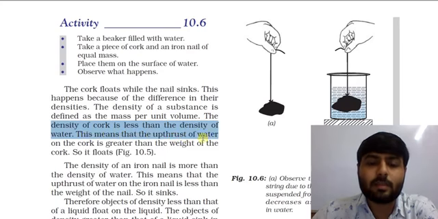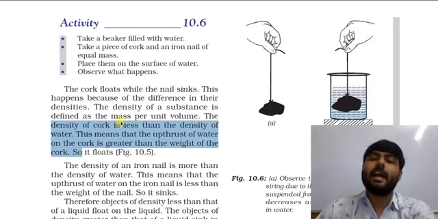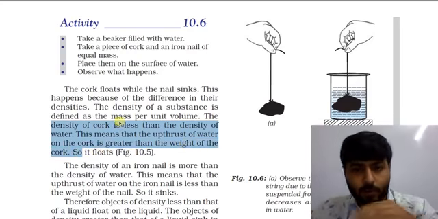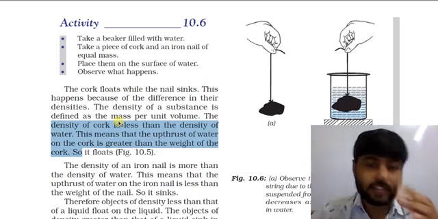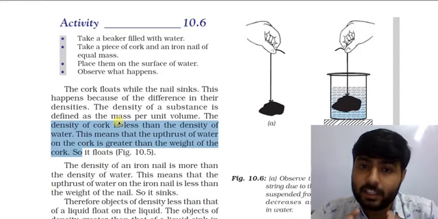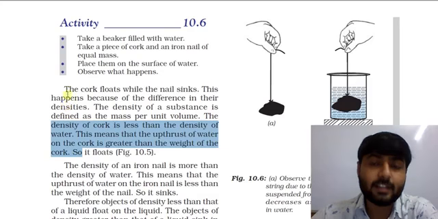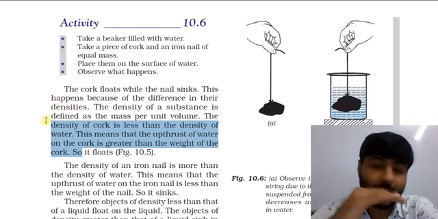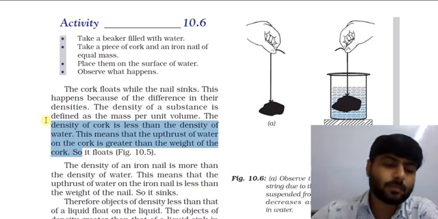This means that the upthrust of the water on the cork is greater than the weight of the cork. And if we want anything or any substance to float, its density should be lower. Then and only then can that substance float on the particular fluid.